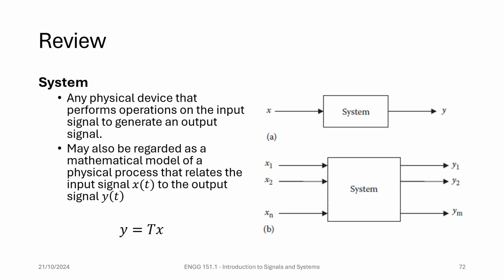In part B, this is what we call a multiple in, multiple out system, because it is possible to have parallel inputs fed into one system, then the system will generate a certain number of signals. It can be equal, it can be lesser, it can be greater.